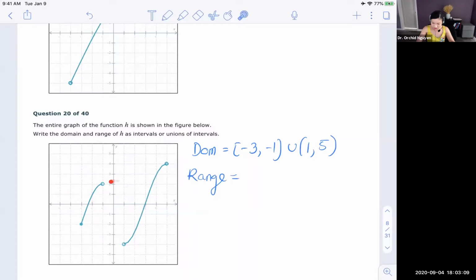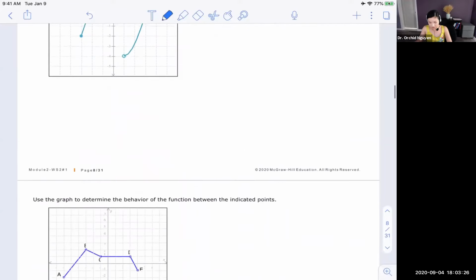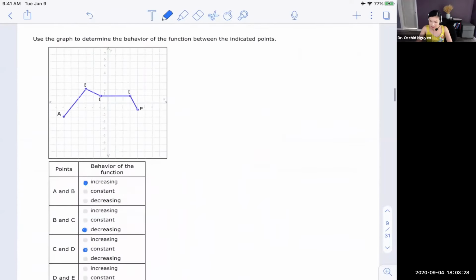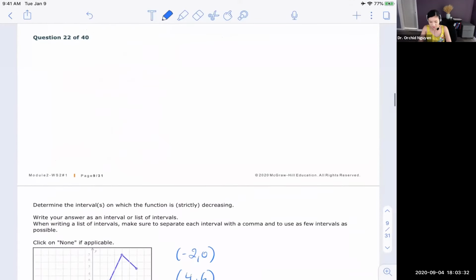This is the gap of the domain, not the range. The range goes from here to here. This whole thing belongs in here. So you don't have to worry about that part. So the range, you go from -4 to +4. This is really easy. So just pretty much increasing, decreasing.